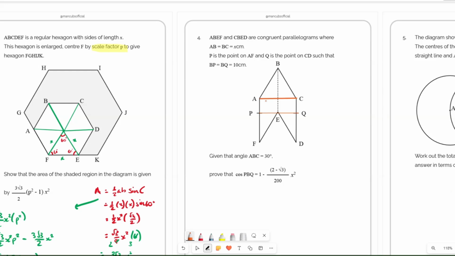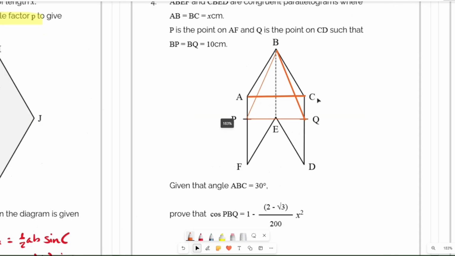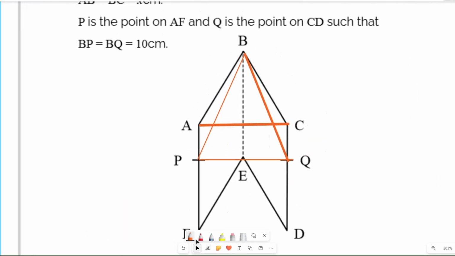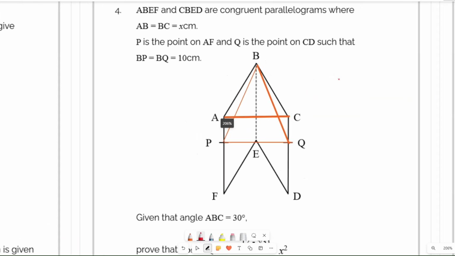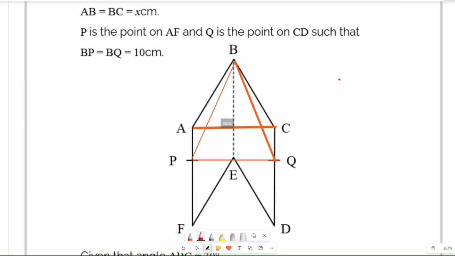I'm also going to draw BP and BQ, okay? Now let's just do a little bit of label work, shall we? So we know that AB and BC are equal, and this is x. So let's just write x here, like that. And BP and BQ are 10, so let's just write 10 here, 10 there.